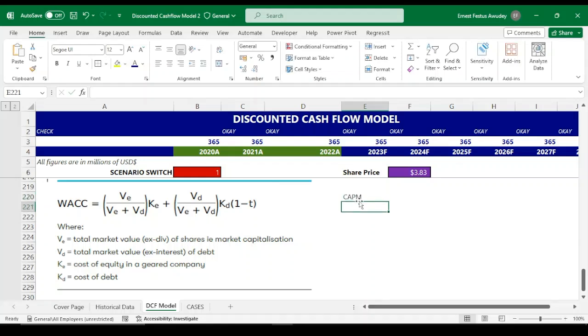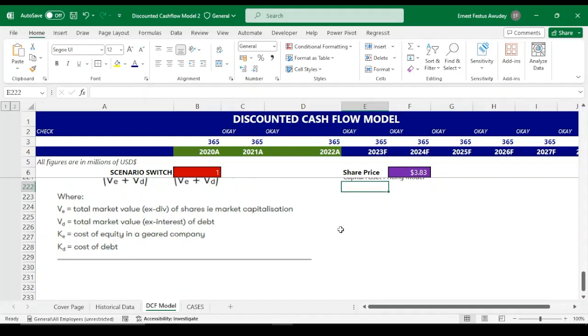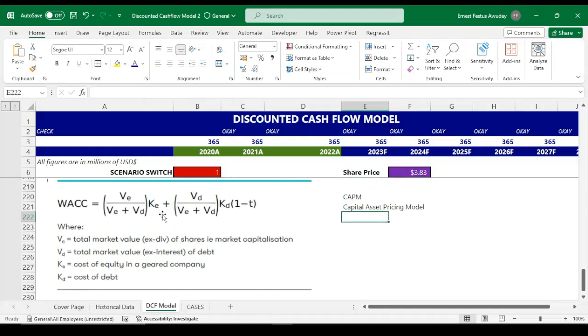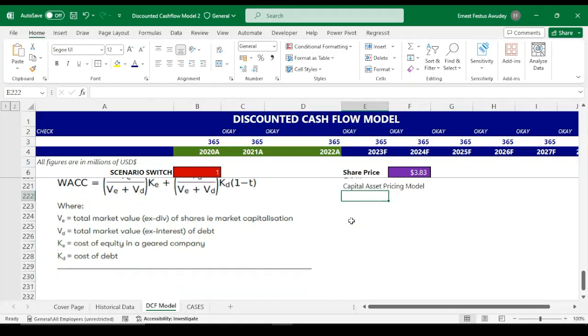The full meaning is the capital asset pricing model. All right, capital asset pricing model, also known as CAPM. So that is what we use to calculate the cost of equity. All right, that's the formula we are going to use to calculate the cost of equity.